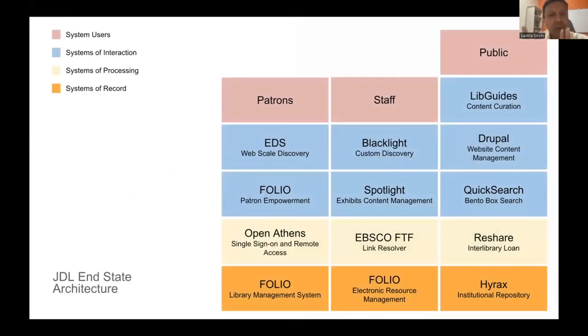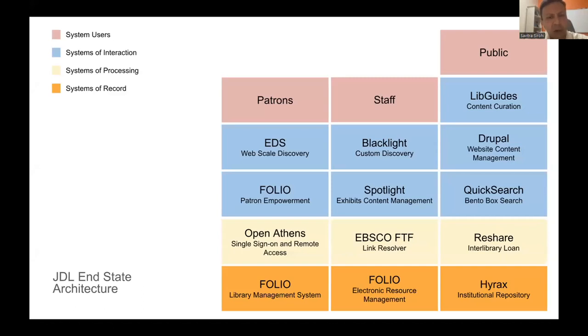So I've explained to you how we picked these technologies, how we picked Folio, how we picked EDS, and then other applications like Hyrax, Haiku, Spotlight, Blacklight, and so on. We picked them based on the guiding principles I had explained to you earlier: things like open source software, fewer vendors, reliable vendors, and commercial software where required. There's no ideology, no rigidity.